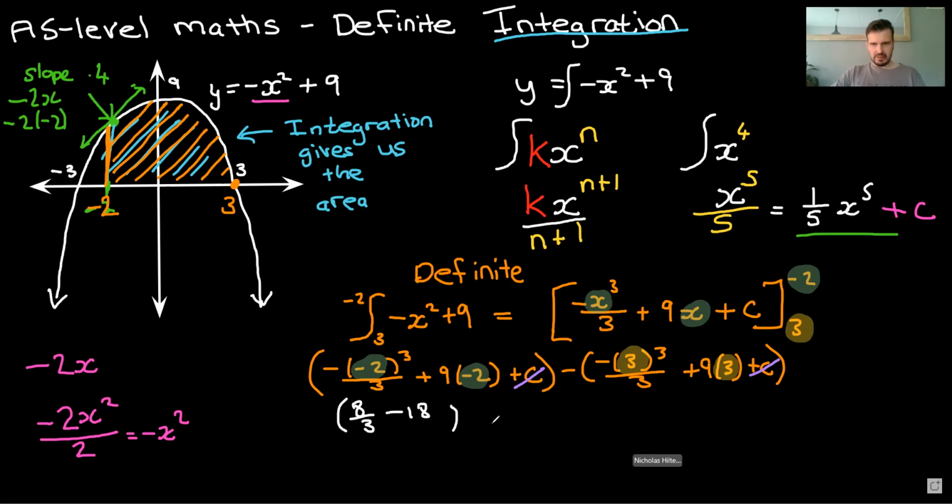And then here we would have minus, and then we put in, Liam, do you want to put this in your calculator so we can get some values? So -27 over 3 for this one would give us -9.